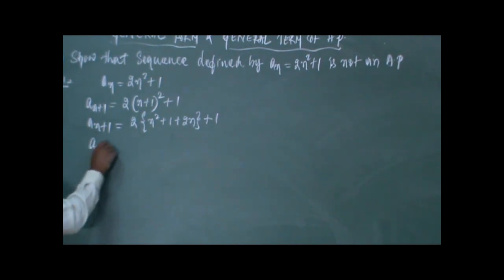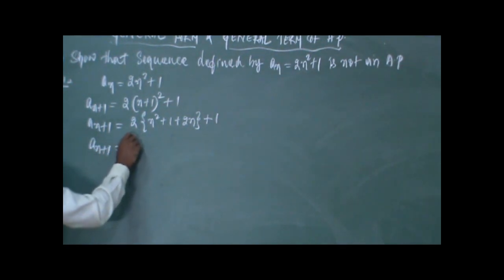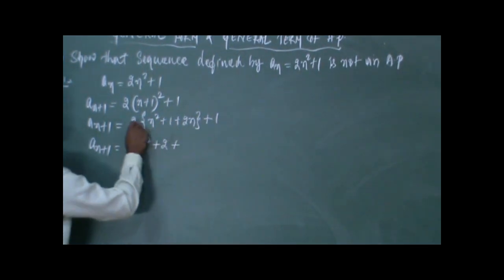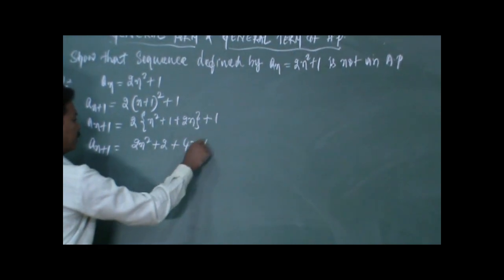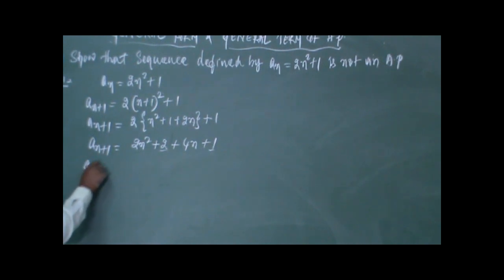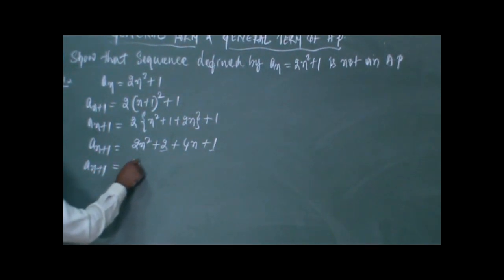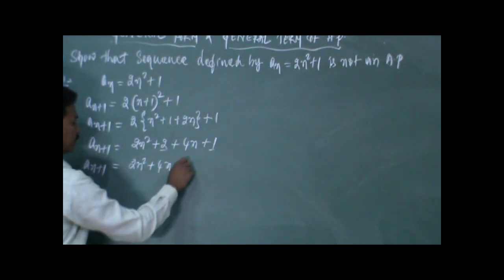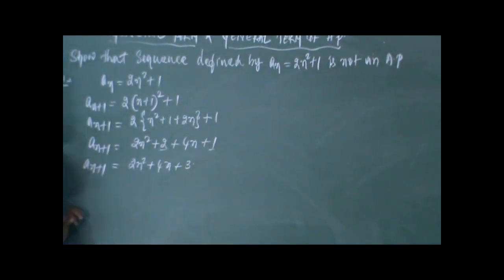So an plus 1 is equal to, let us multiply this, 2 into n square is 2n square, plus 2 into 1 is 2, plus 2 into 2n is 4n, plus 1. Add these two constants. So an plus 1 is equal to 2n square plus 4n plus 2 plus 1, which is 3. I have written it in the standard form. So this is an plus 1.